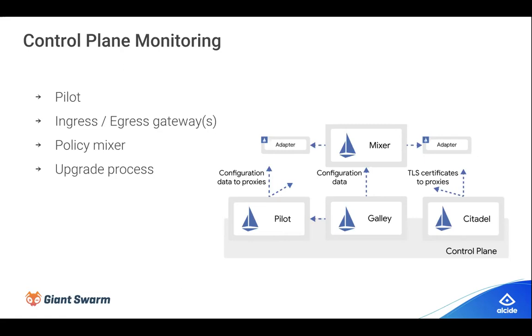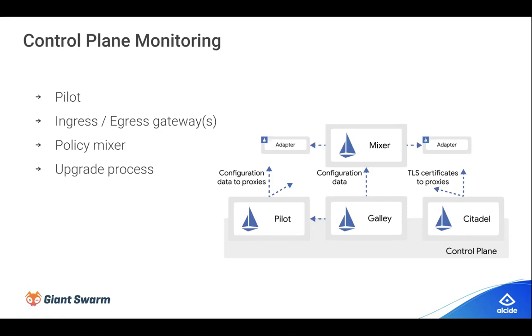The policy mixer, let's explain. In the last Istio releases, there has been a change, and now the mixer has been split in two. It's the same binary, but one is started as policy and the other for the telemetry part. So they are not mixed into like mixer responsibilities.